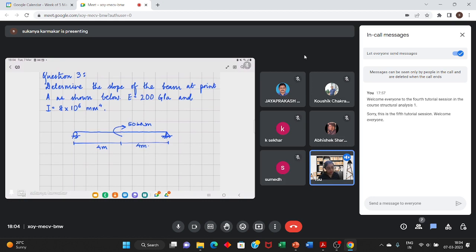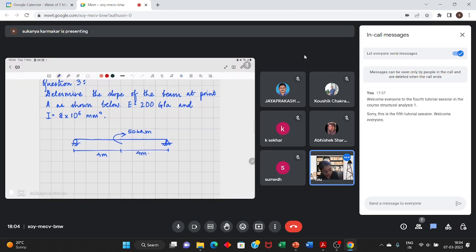So, this question tells that we have to determine the slope of the beam at point A. This is point A. This is point B. We have to determine the slope of the beam at point A, and E and I have been given.